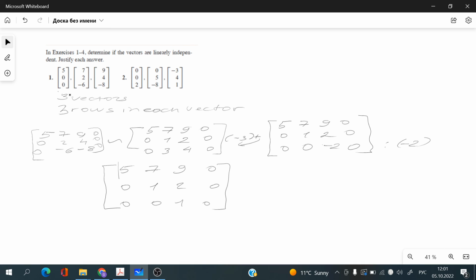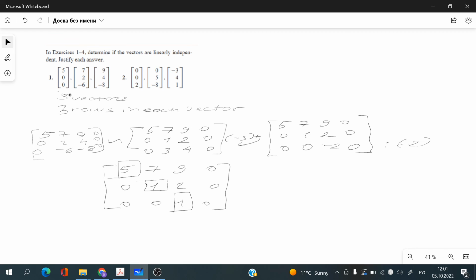So what do we see? We see that we have a pivot in each row, correct? Of course, we can reduce to echelon form by using this pivot to make this element and this element 0. We can then use this pivot to make it 0 here, and so on.